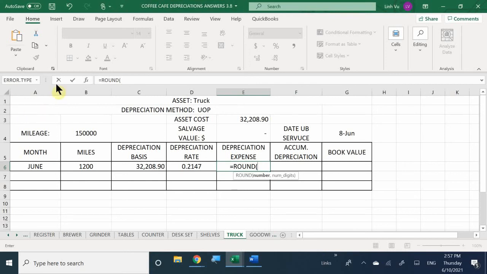So if it's going to cost me 21 cents for every mile I drive, and I drove a total of 1,200 miles for the month of June, I'm going to take 1,200 and multiply it by my 21.47 cents.